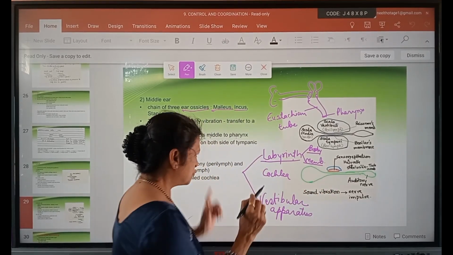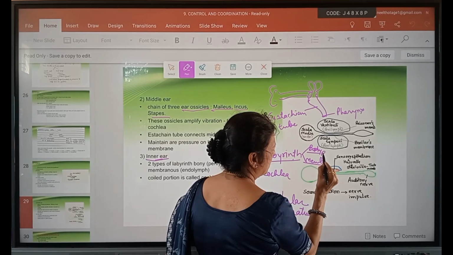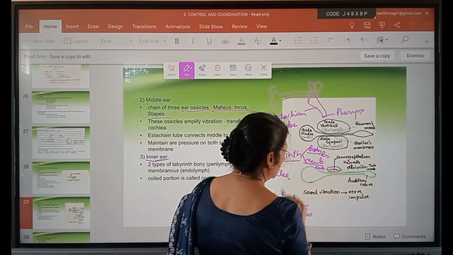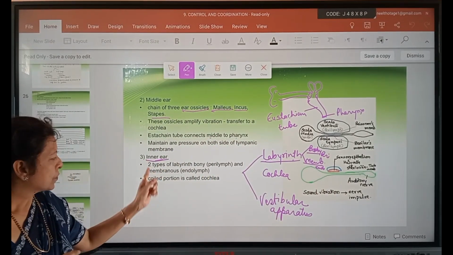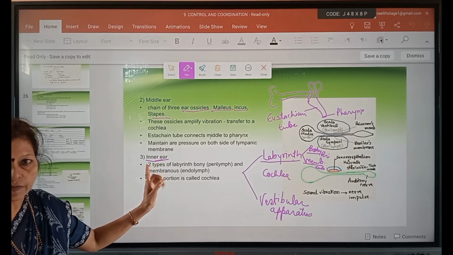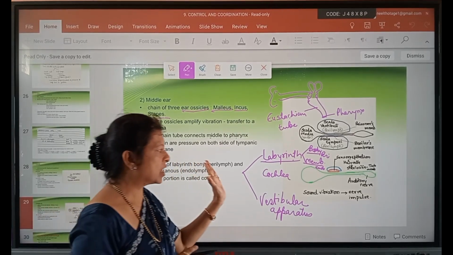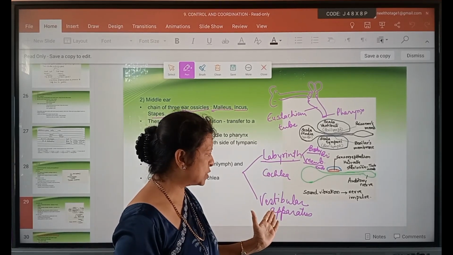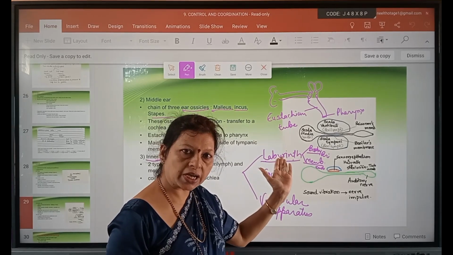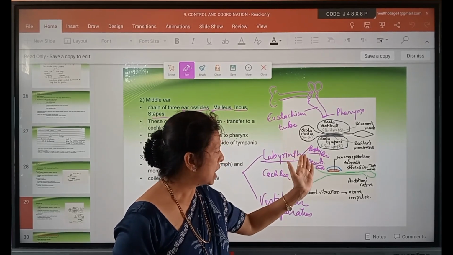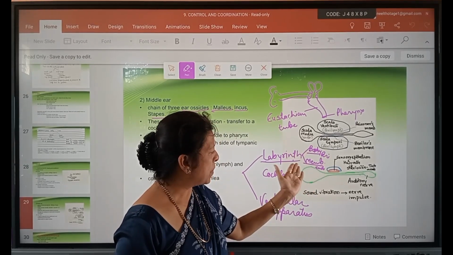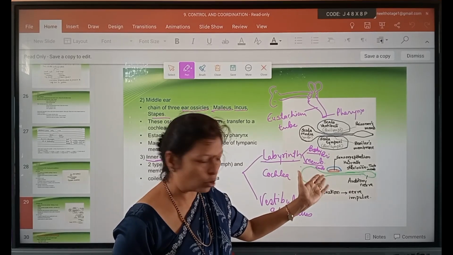Bony labyrinth is filled with perilymph and membranous labyrinth is filled with endolymph. So the inner ear is divided into two main parts: the labyrinth and the vestibular apparatus. Labyrinth is again divided into bony labyrinth and membranous labyrinth. Bony labyrinth is filled with perilymph. Membranous labyrinth is filled with endolymph.